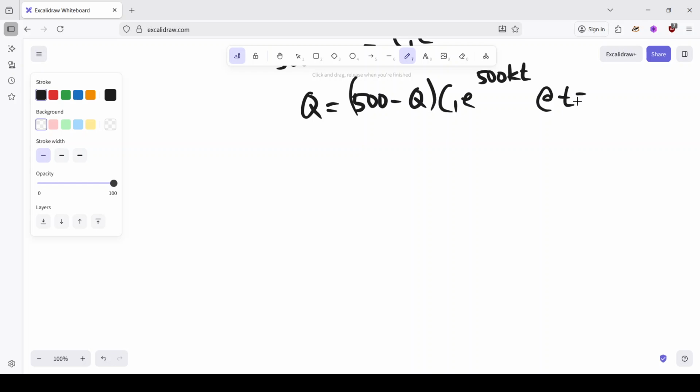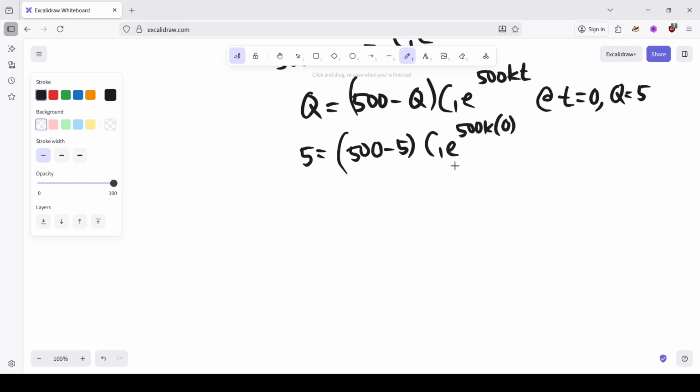So, ibig sabihin at time 0, we have 5 infected mice. Okay, so we can substitute this to our equation. We will have 5 is equal to 500 minus 5 c1 e raised to 500 k times time natin na 0. So, e raised to 0, this one now will be equal to 1.